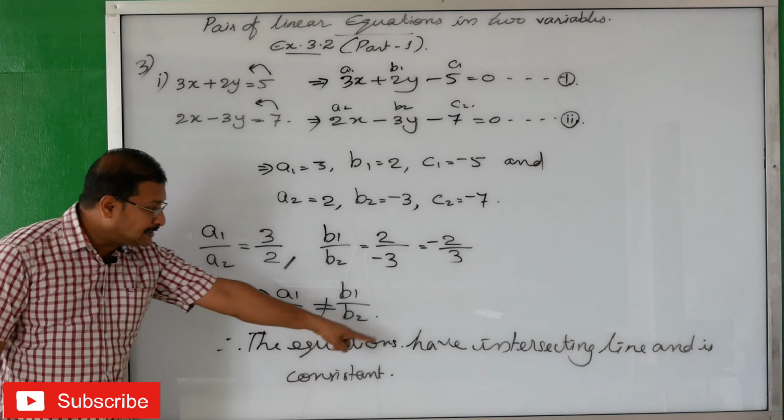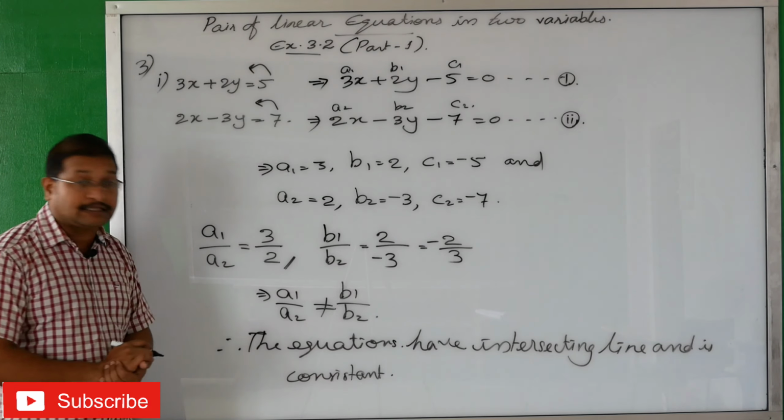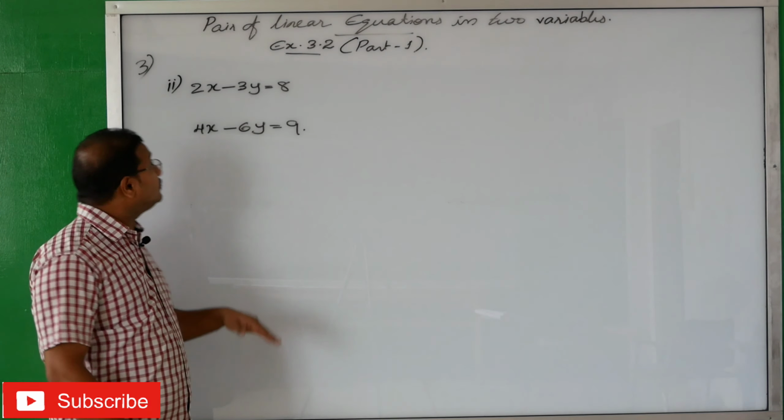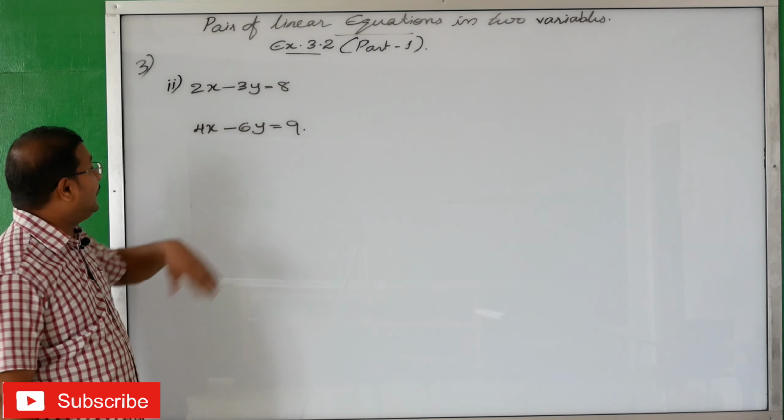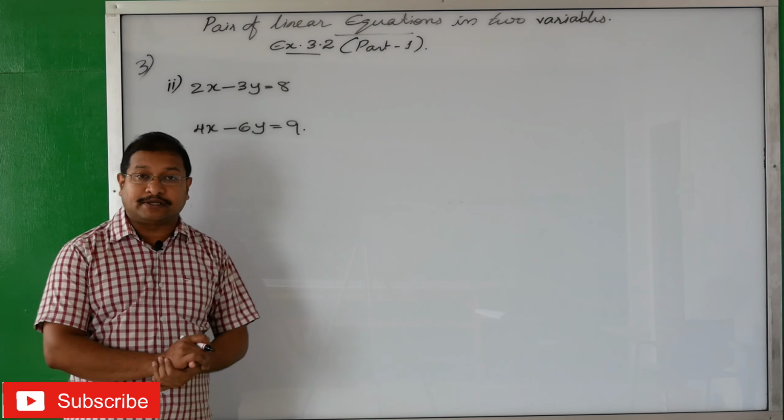See, therefore the equations have intersecting lines and is consistent. Ready? See the second question, that is 2x minus 3y equals 8, 4x minus 6y equals 9.